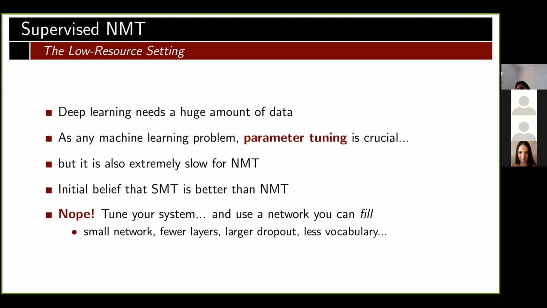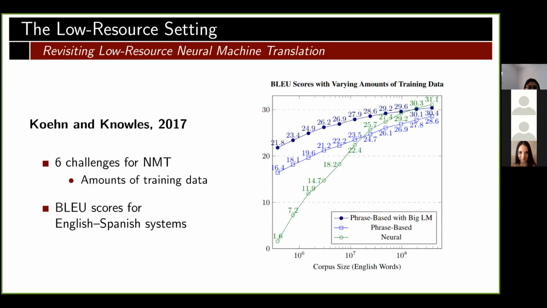But some analyses clearly show that this is not the case. The best thing to do, even in the low resource setting, is to stick to neural machine translation. It still works quite well, and you should try to tune your system. So let's see some examples of the importance this has in low resource neural machine translation.